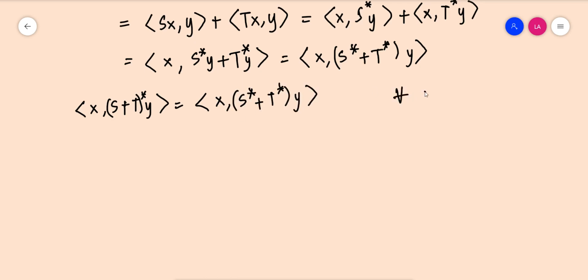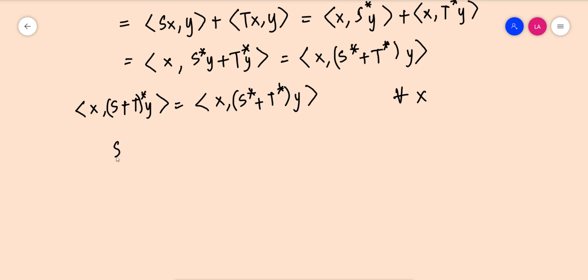This is true for all x. So this is of the form, or we can take the conjugate, inner product x, y is equal to inner product x, w. Then y should be equal to w.